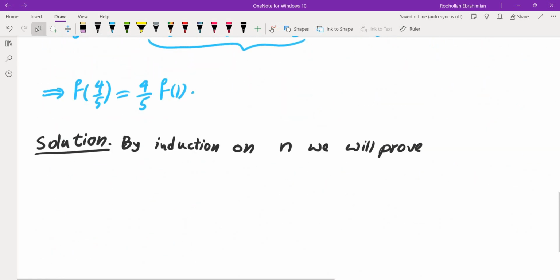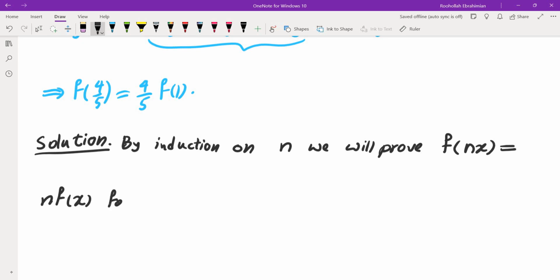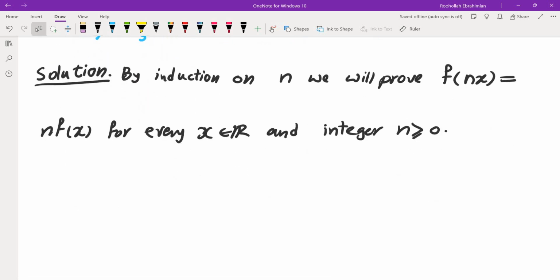So in other words, by induction on n, we will prove f of nx is equal to n f of x for every real number x and integer n greater than or equal to 0. Okay, so we'll prove that one.